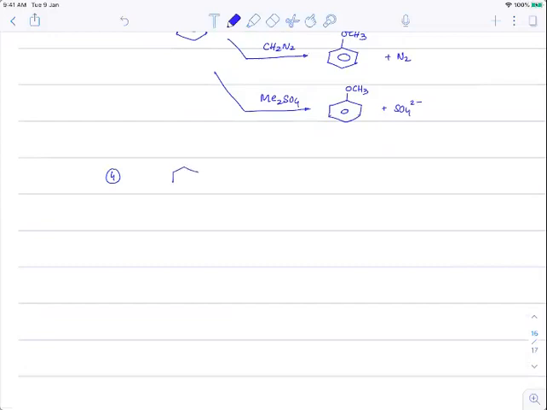Suppose you have phenol, OH, and I take 2 moles of EtO minus Na plus, and then react that with EtBr. So we will have this as EtOEt plus PhO minus Na plus NaBr. What does that mean?